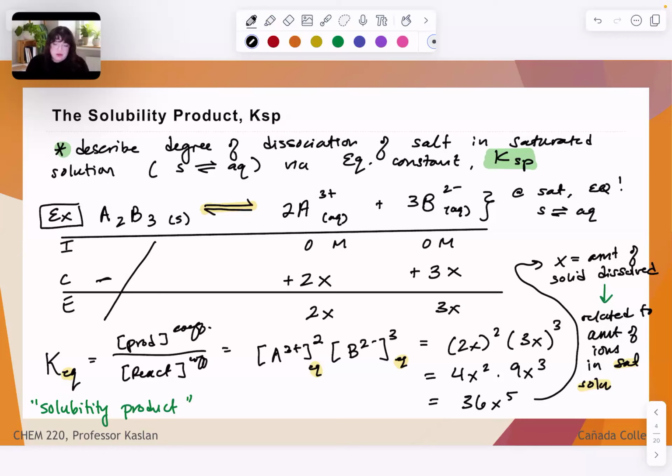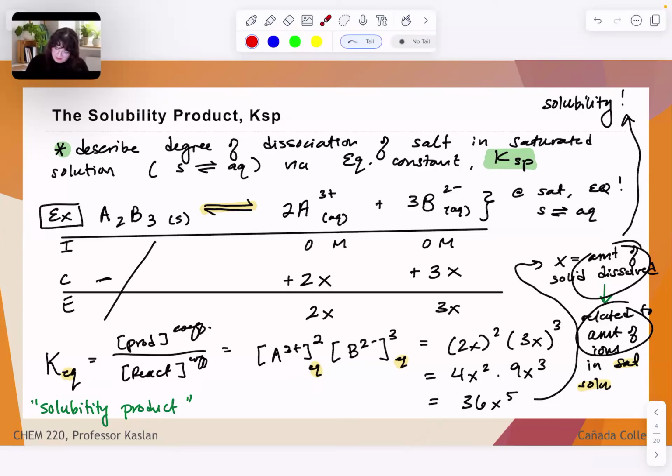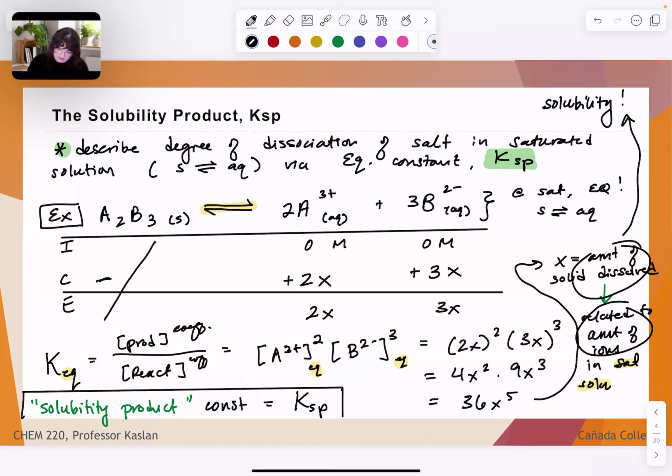And it's called the solubility product because it relates to this idea of solubility, right? Amount of ions comes from amount of solid, which relates to solubility. And it's a solubility product because we have products that have solubility relationships that are then being multiplied. So the solubility product constant is what we call KSP, which is the equilibrium constant that describes ionic equilibrium. Dissociation equilibrium of ionic salts. A bunch of different ways to say that.